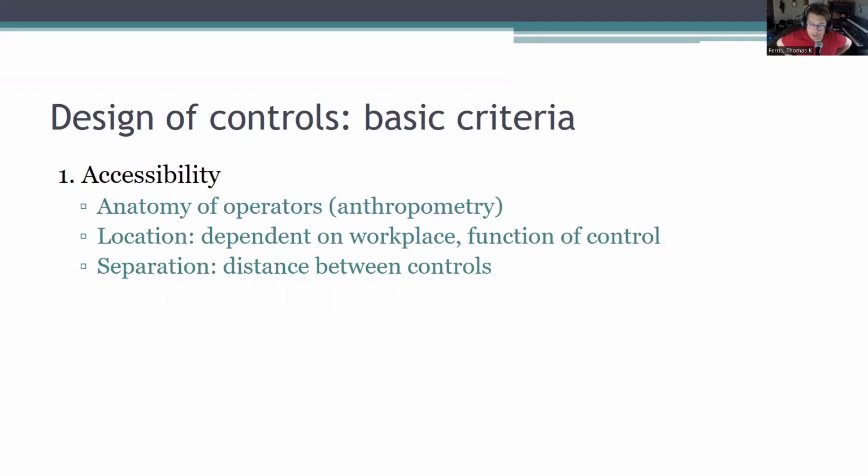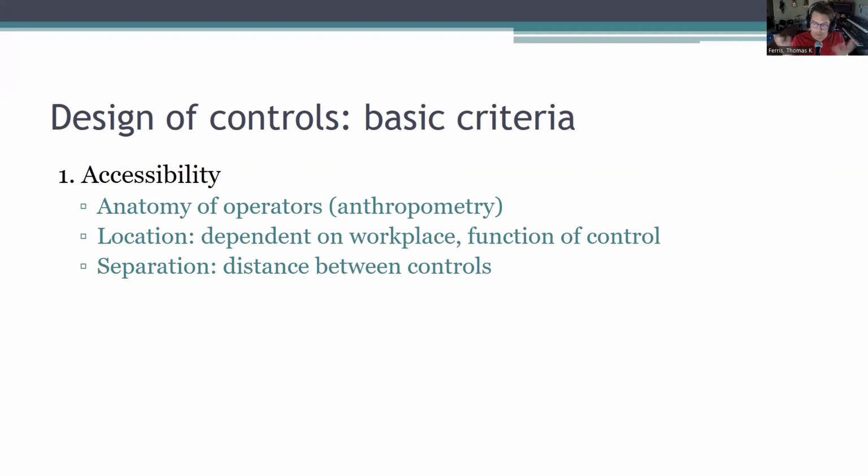All right, so for accessibility, I got to be able to reach the control with my human body, right? My human appendages. And so anthropometry, this is a topic coming in the second half of the semester about measuring the physical dimensions of human limbs and hands and things that will operate controls.